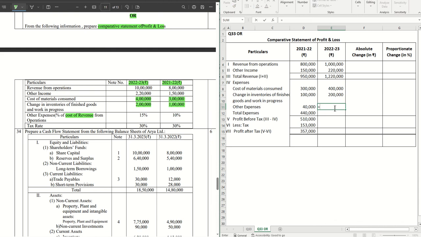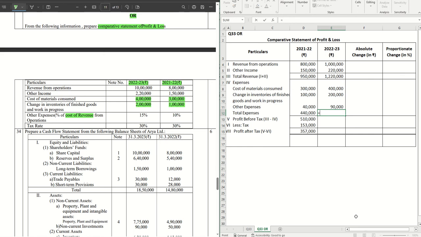All right. So let's do the calculation here to understand better. 15% into 4 lakh plus 2 lakh. Okay, that comes to 90,000.